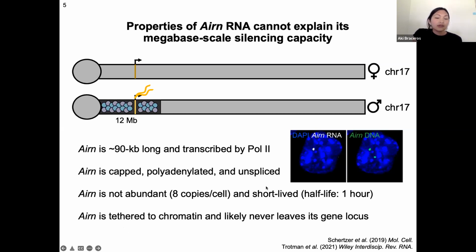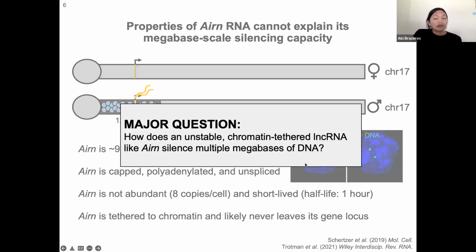Considering these properties of Airn, we found it pretty remarkable yet odd that this unstable yet immobile RNA could mediate silencing over 12 megabases of DNA, which I want to emphasize is over 10% of the entire length of chromosome 17. So that led us to this major question: how does an unstable, chromatin-tethered lncRNA like Airn silence multiple megabases of DNA?